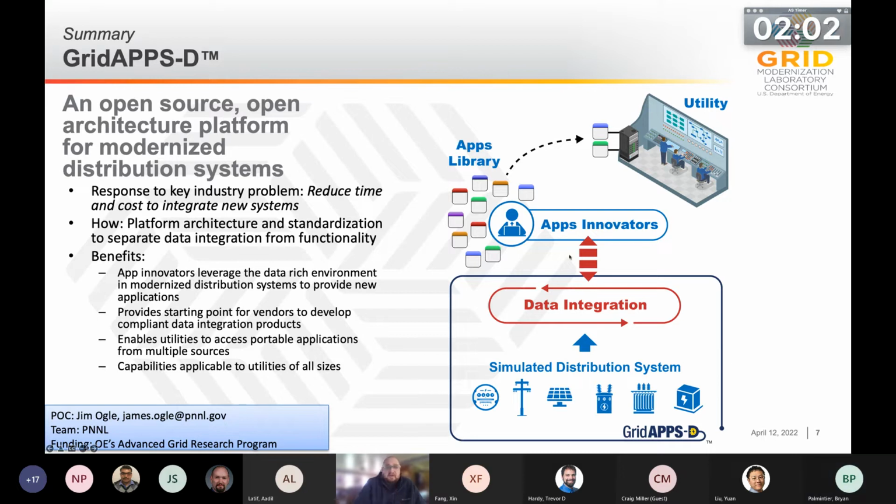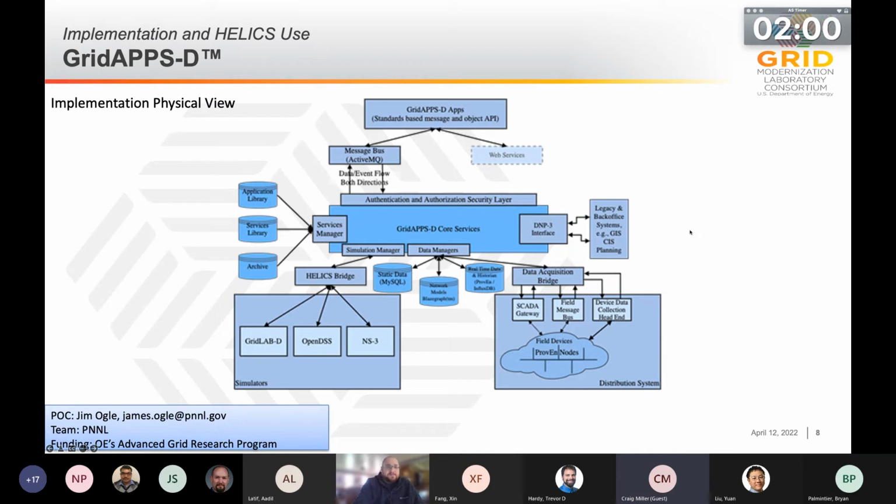If you go to the next slide, the big box at the bottom, you see the simulators on the left, and you have the distribution system on the right. Those are meant to be interchangeable to the system. From the vendor's point of view, all it cares about is what's coming into the core services part. You have all of your applications up at this top layer, and they're just interfacing with the data coming in, either the actual SCADA data or the simulated SCADA data.